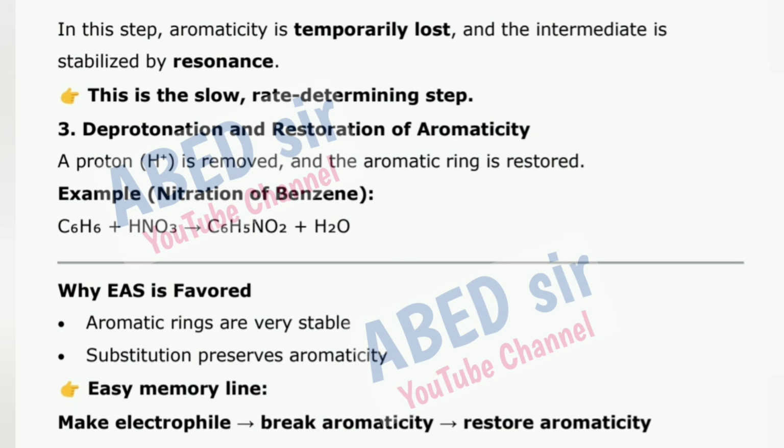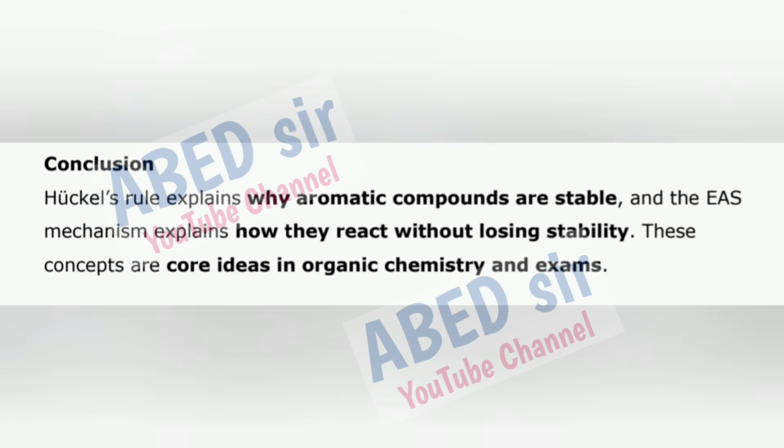Easy memory line. Make electrophile, break aromaticity, restore aromaticity. Conclusion. Huckel's rule explains why aromatic compounds are stable, and the EAS mechanism explains how they react without losing stability. These concepts are core ideas in organic chemistry and exams.